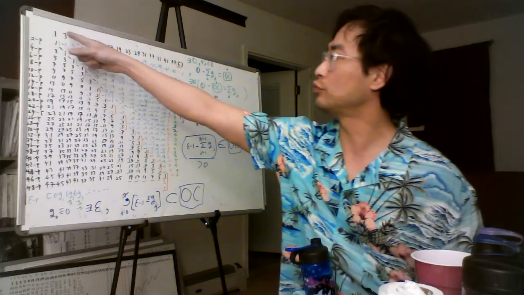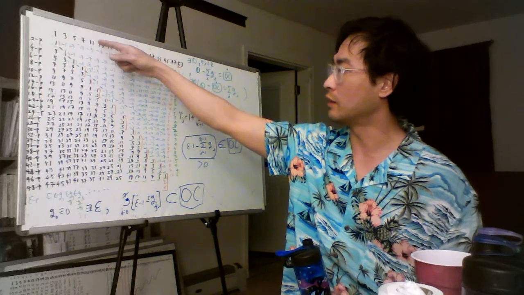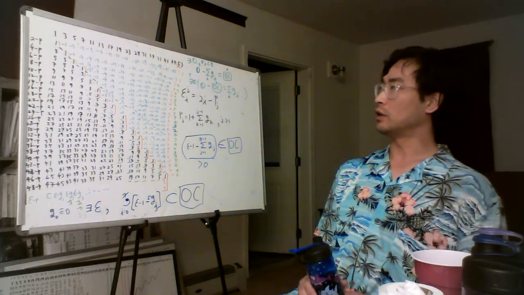So prime gap 2, 2, 2, 4. When the prime gap is 4 between 7 and 11, let's see what happens.